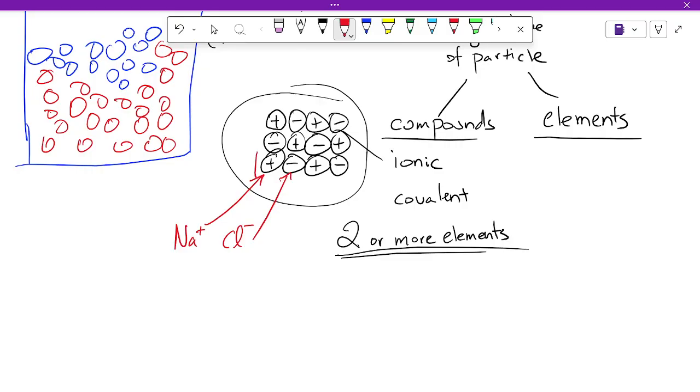So you have Na plus Cl minus. There's an Na plus Cl minus particle.